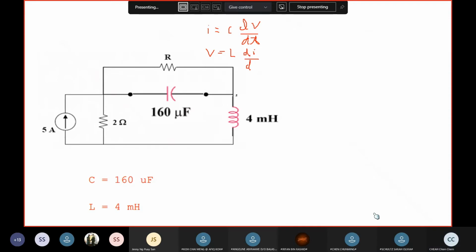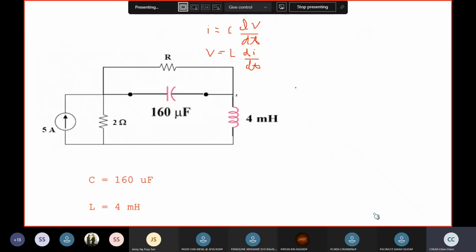At steady state means what? Voltage and current are all constant. In DC steady state, the voltage is constant, so your capacitor current is equal to 0, right? So no current can flow through here, and it becomes open. If your current is constant, then the voltage across the inductor will be equal to 0.